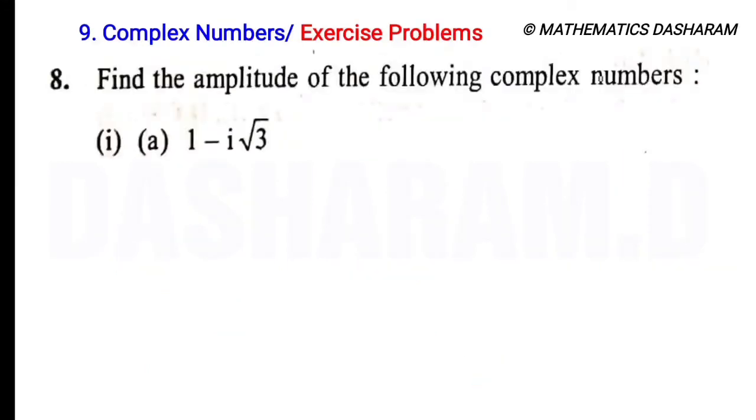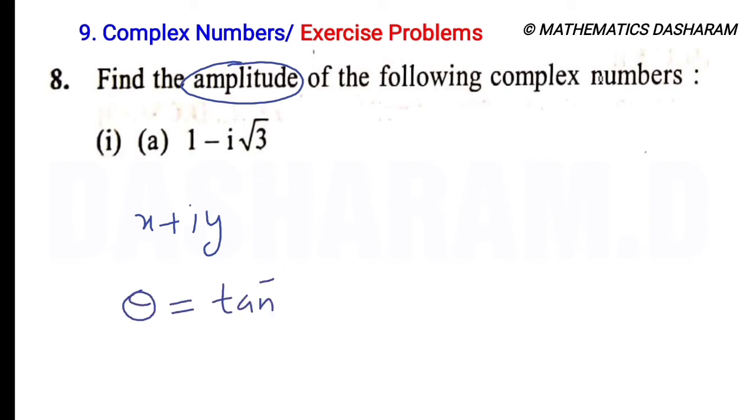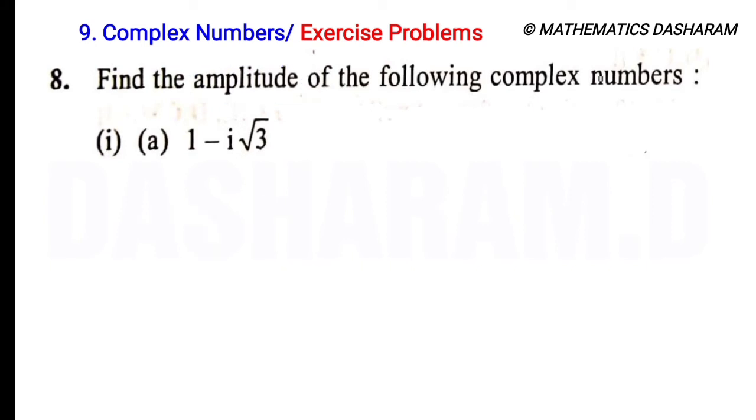8th bit, find the amplitude of the following complex numbers. The first one is 1 minus i root 3. For example, x plus iy is a complex number, then the amplitude, its another name is argument, is denoted with theta, and the formula is tan inverse of y by x. So this is the formula to find the amplitude. Here also theta equals tan inverse y by x.